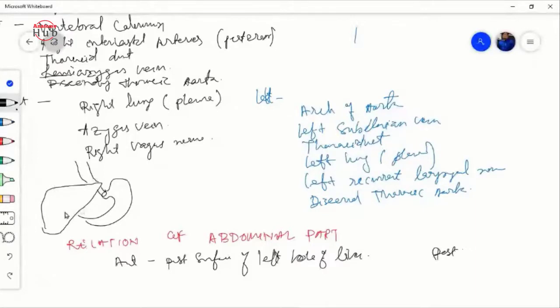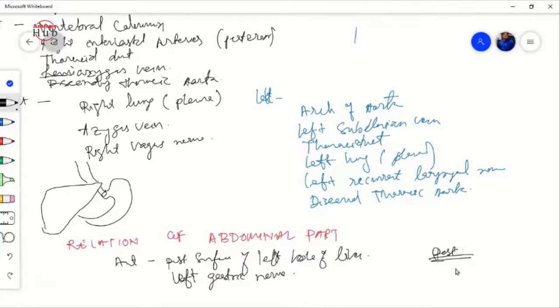Along with that, you will find the left gastric nerve. What is this left gastric nerve? Gastric nerve means your vagus nerve, right? So these two things, that is your anterior relation. What is the posterior relation?